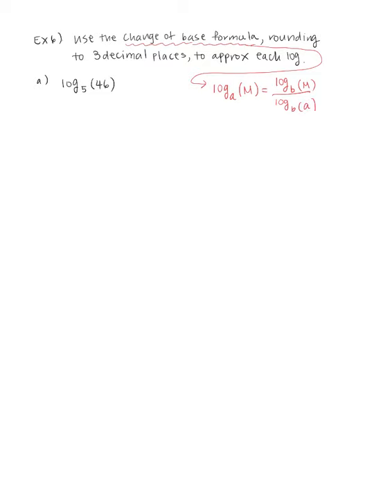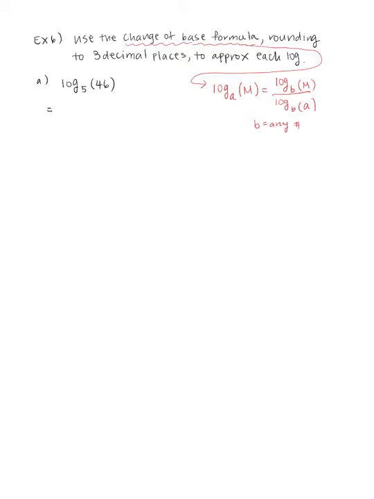Now, b can be any number. But remember, on your calculator, you are only given base 10 and base e. So you're always going to want to take b to be either 10 or e. Anyways, let's follow the formula to simplify this a little bit.